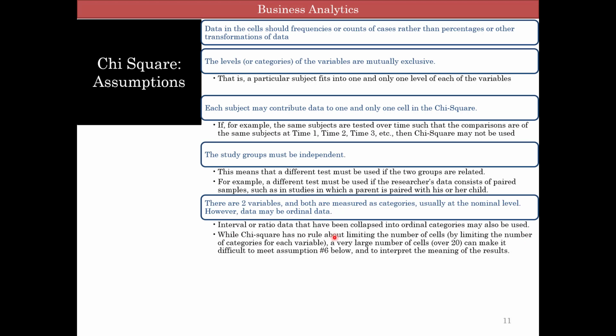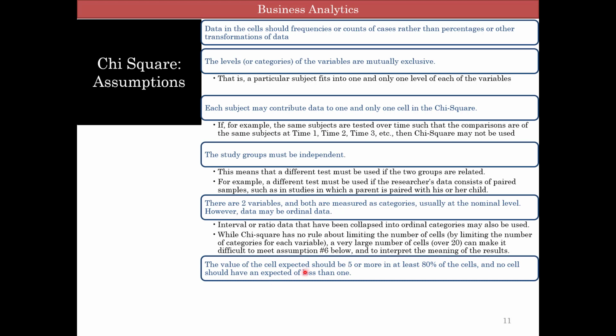While chi-square has no rules about limiting the number of cells, basically by limiting the number of categories, a very large number of cells will make it difficult to meet the next assumption and interpret the meaning. So, the expected value in a cell should be 5 or more in at least 80% of the cells, and no cell should have an expected value of less than 1.